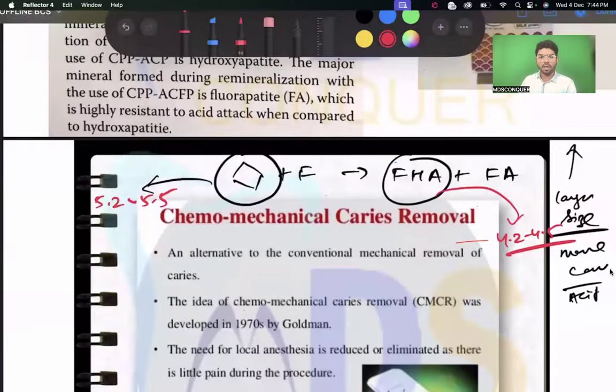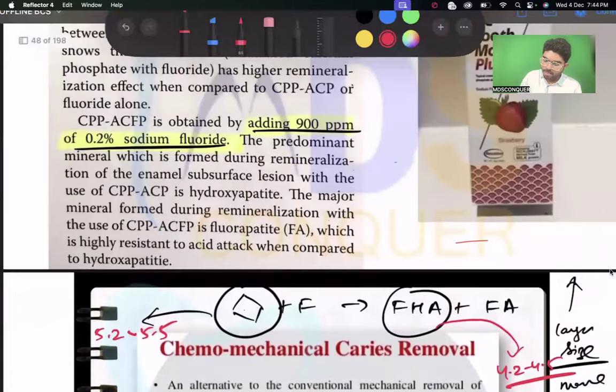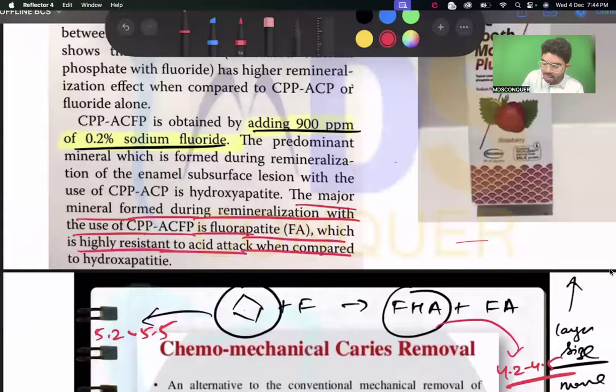That is the concept of fluorohydroxyapatite, and that's what they have given here. The major mineral form during remineralization with CPP-ACP is fluorapatite, which is more resistant to acid attack compared to normal hydroxyapatite because of its increased size. Clear?